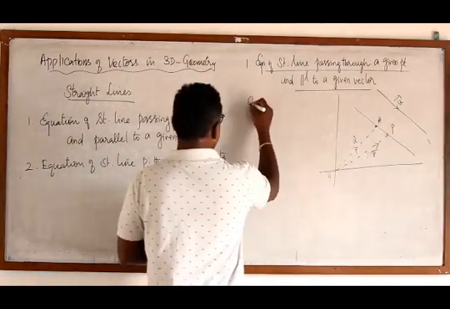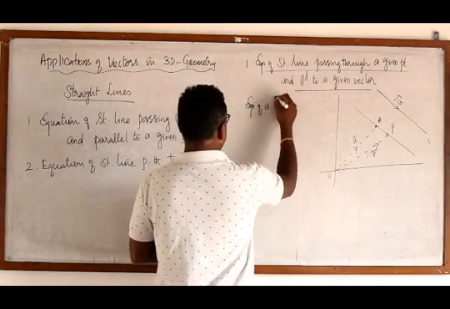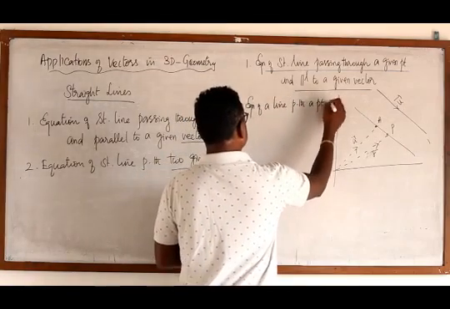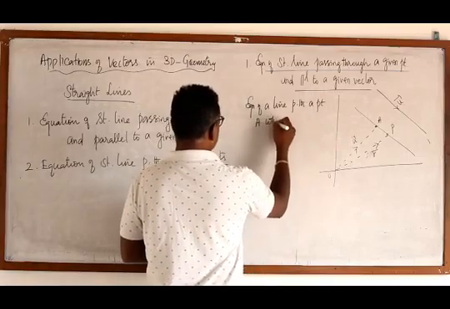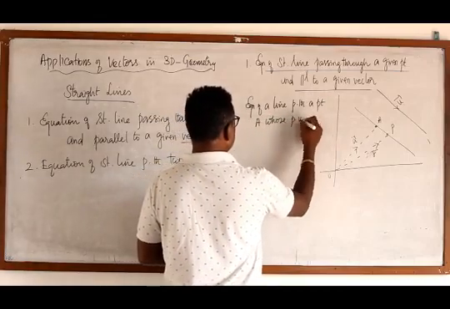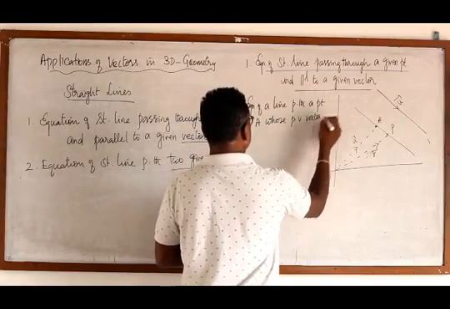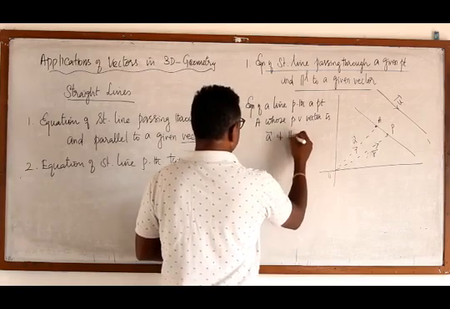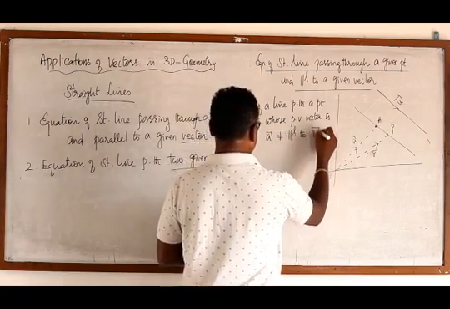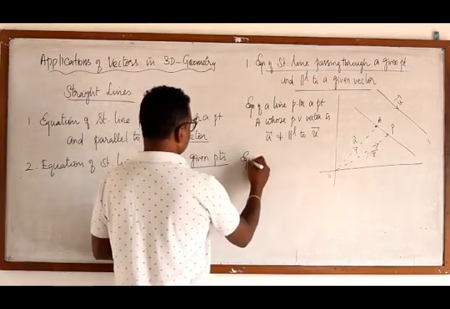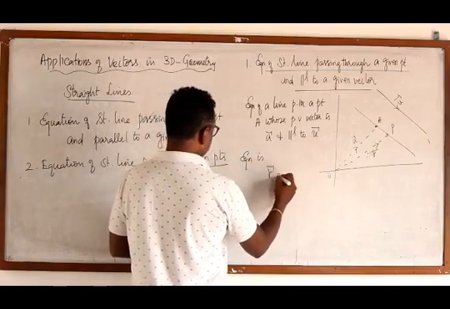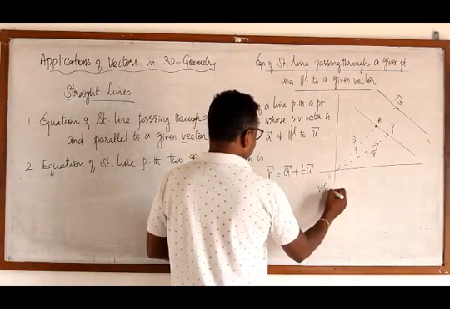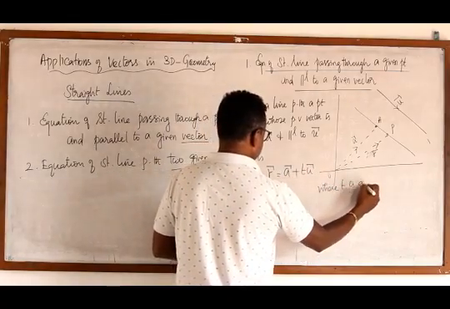So, the equation of a line passing through a point A whose position vector is A vector and parallel to U vector is R vector equal to A vector plus t U vector, where t is any scalar.